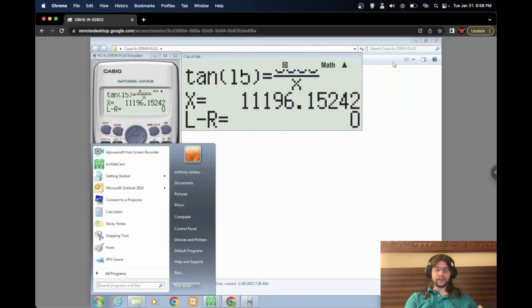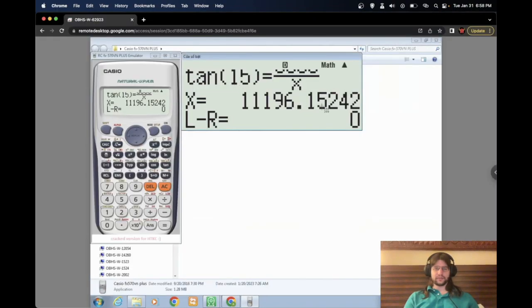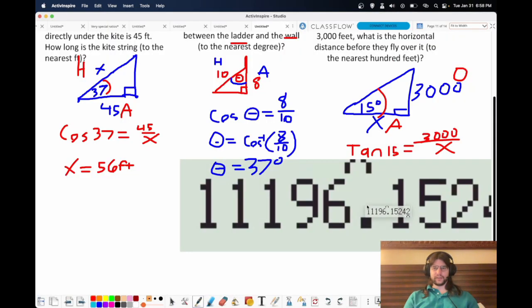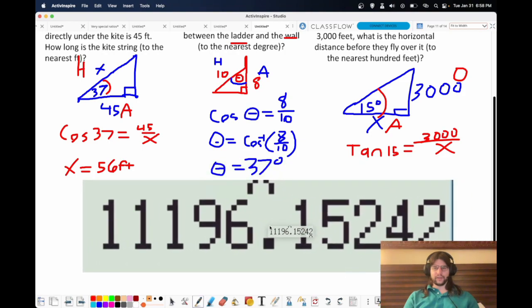To the nearest 100 feet. Ooh. I'm gonna actually do this. Take that and shove it in here. We have ourselves a big number, and it says to round to the nearest 100. This is my tenths. That's my hundredths. So I'm gonna round there, right?